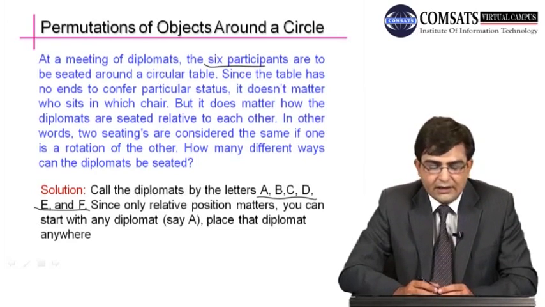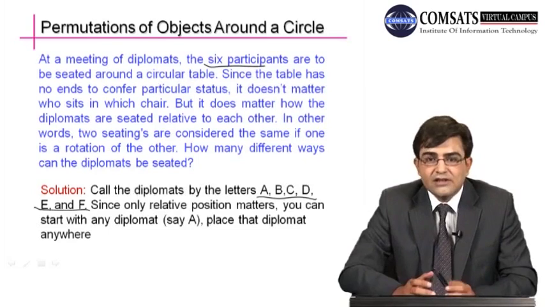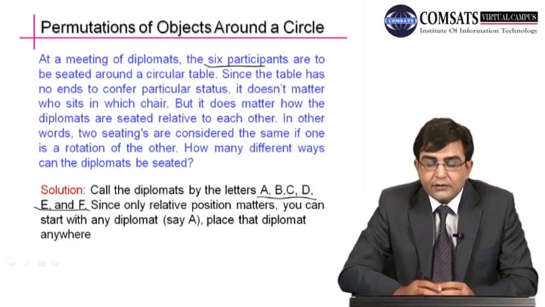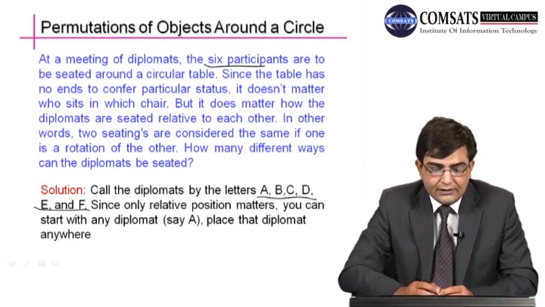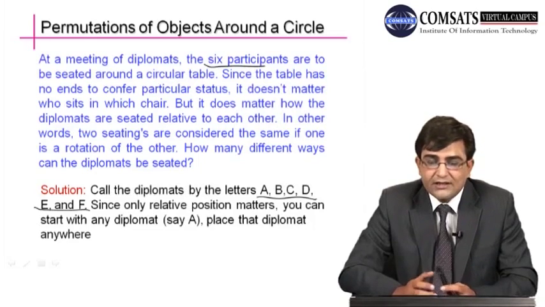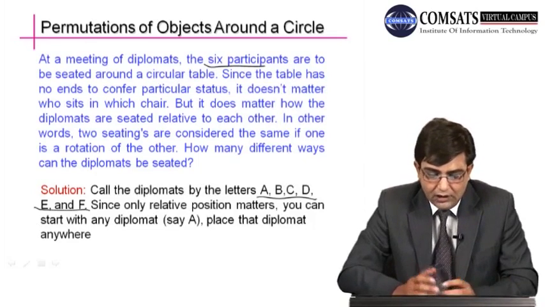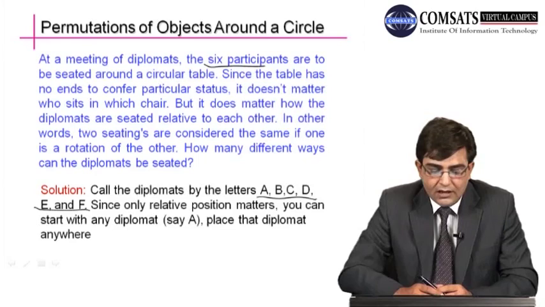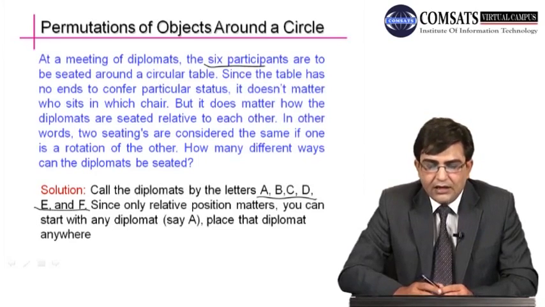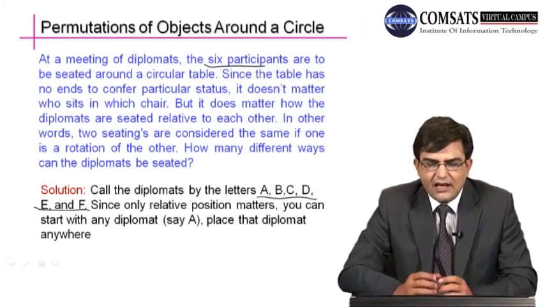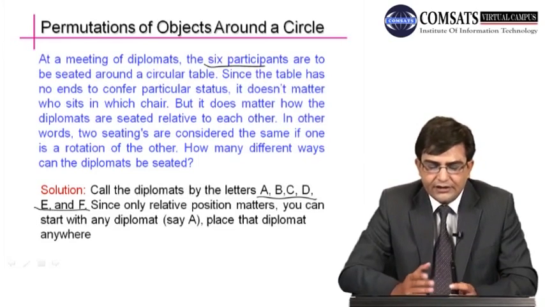Now the problem here is that there is no starting point among the diplomats where we can start. So we have to fix a starting point around a circle. For example, among A, B, C, D, E, F, we can select any one diplomat as a starting point.